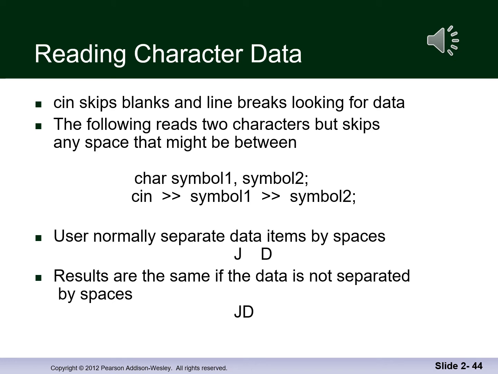The user typically separates data items with spaces, so the user might type J space D, enter, and J would be assigned to symbol1 and D to symbol2 using cin. But the results are the same if the data is not separated by spaces. You can type J, no space, D, enter, and it will still assign J to symbol1 and D to symbol2.